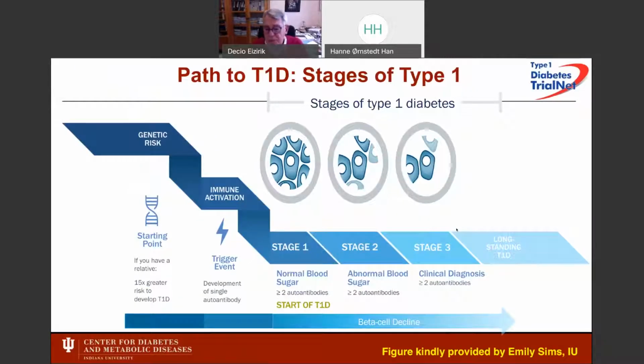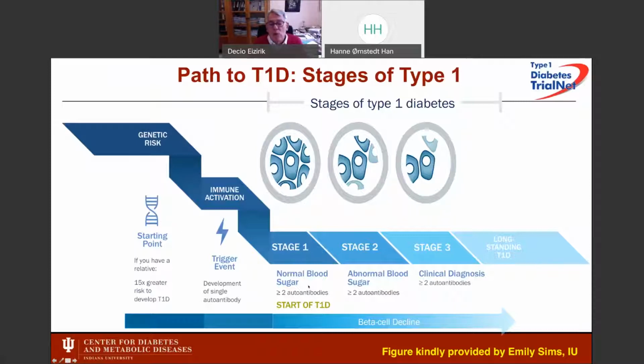So, as most of you know, type 1 diabetes is a chronic autoimmune disease where you have individuals at risk for the disease. At some stage, something happened that we still don't know what it is. It may be, in some cases, a viral infection. In others, this remains an open question.